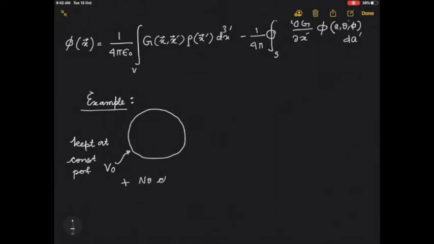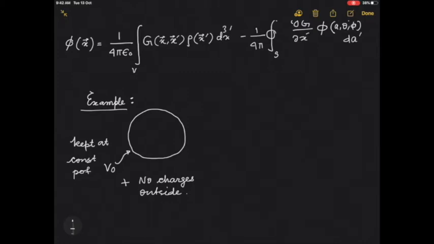And what is the condition on rho? No charges outside. So I have a sphere, better be conducting, it will be easier. But anyway, I have a sphere which is kept at a constant potential V0.